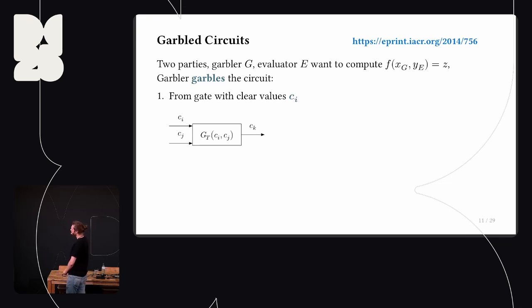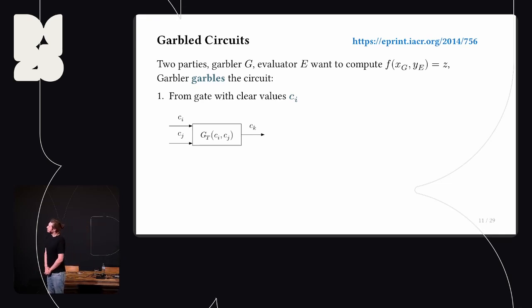What's especially nice about garbled circuits is that, usually when you do MPC, I mean, there are other ways to do MPC, the problem is that many protocols are not very efficient because you have many messages sent around. And the number of messages you have to send around depends on the function, or on the circuit depth, so to say. This is not true for garbled circuits. And this is very nice, it gives you nice performance, right? Because you send something in the beginning and you send something in the end, and that's it.